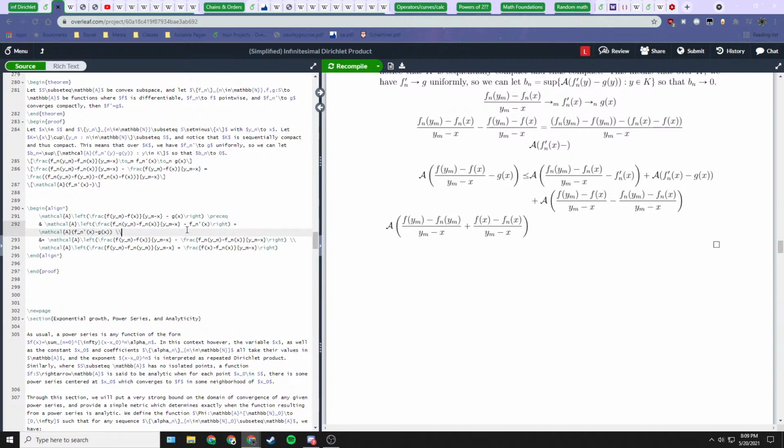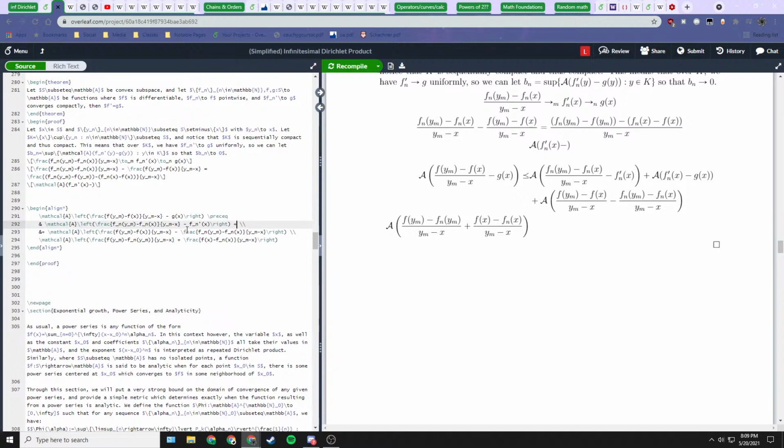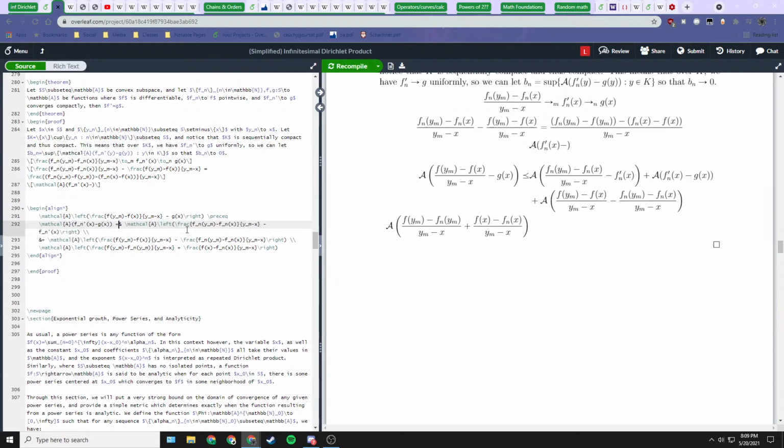Yeah, okay. And we can also put this around to the front. And rearranging these, so this will make it look a little better.